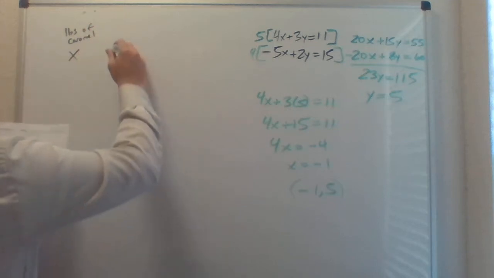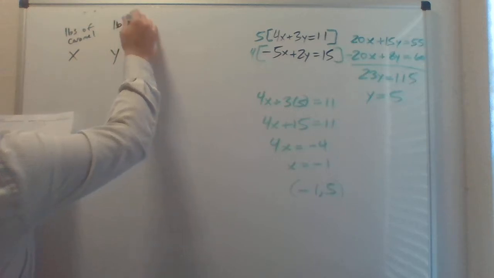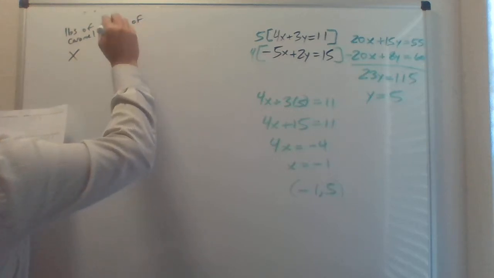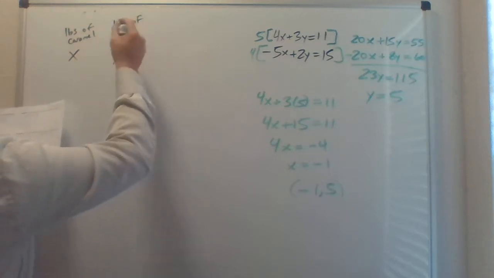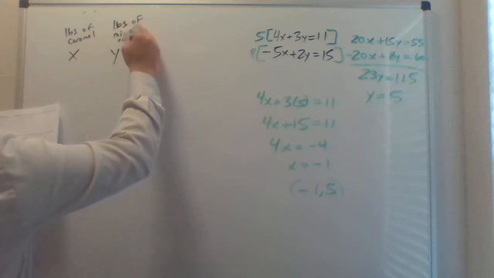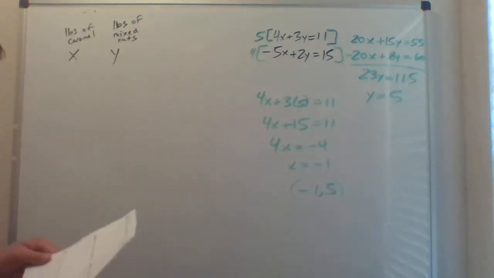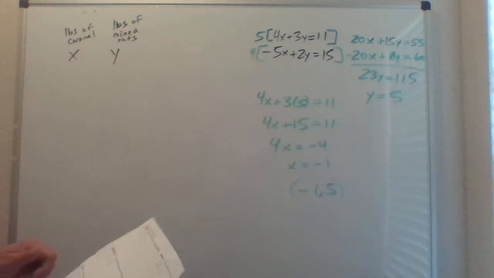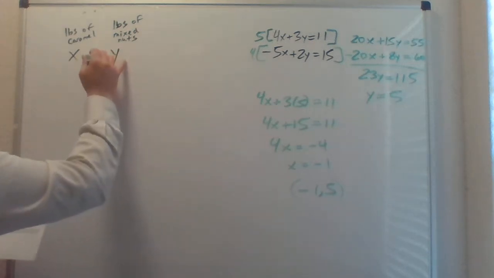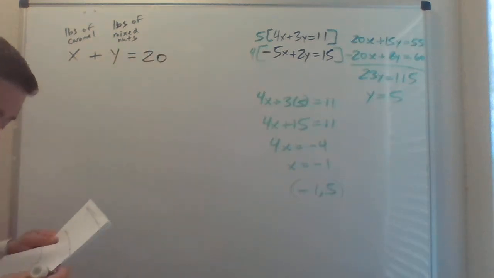And we'll call y the pounds of mixed honey roasted nuts, or we'll just call it mixed nuts. Okay, so that's first defining our variables. And then they also tell us it's a 20-pound bag. So in fact, x plus y should be 20 from that statement.